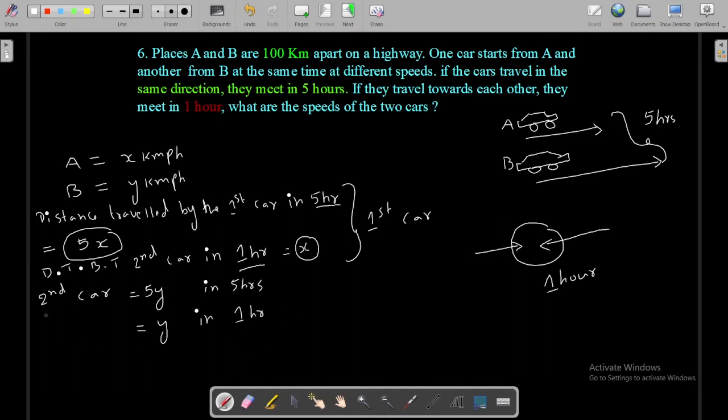So here we can see the distance traveled by the second car is 5y in 5 hours. Similarly, y if it is traveling in 1 hour.